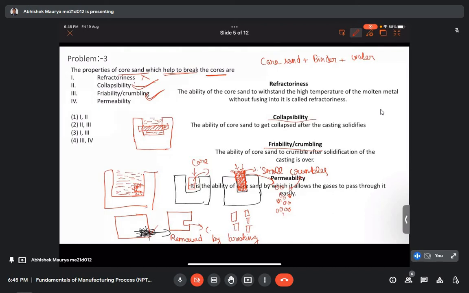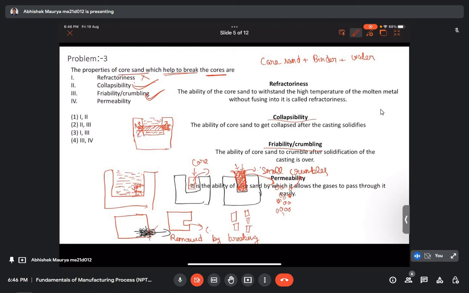So when the core comes in contact with the molten metal, evolution of gas will happen, and now this gas has to come out from the core material. Basically they have to come out from here, from here.